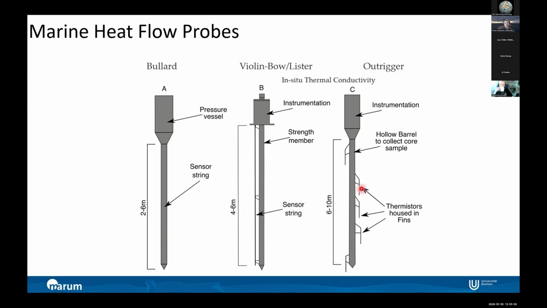For core barrels they can be up to 20 or more meters. For the outrigger, you have a core barrel, so here's a very nice way to collect cores for other studies and also do some temperature measurements on the side.